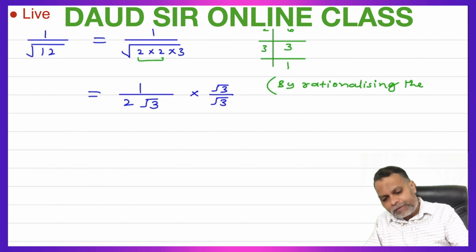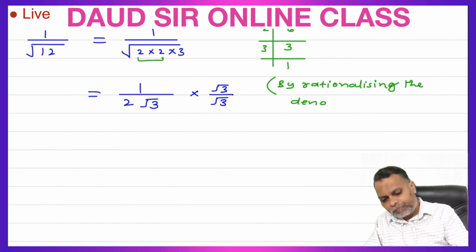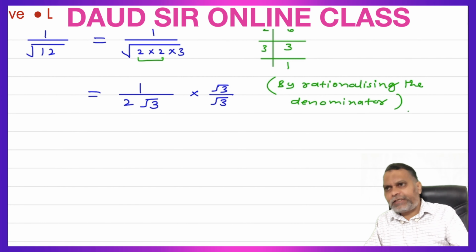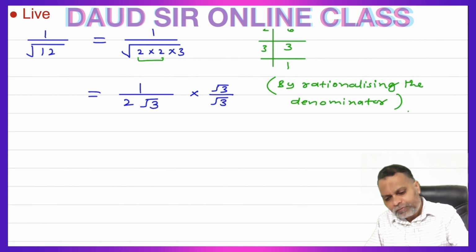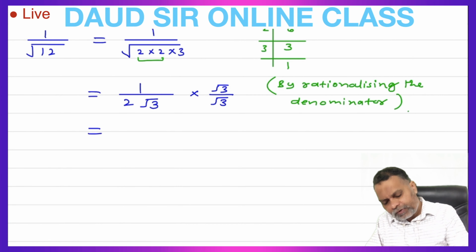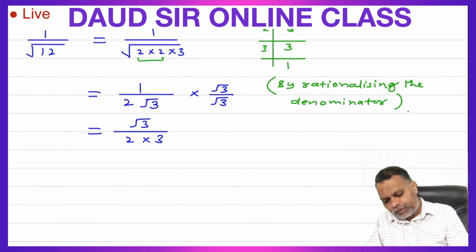Rationalizing the denominator means we are multiplying and dividing by the same quantity, which is root 3. So 1 into root 3, root 3, upon 2 into root 3 will become 3, so 2 threes are 6. So this is root 3 upon 6. This is the answer.